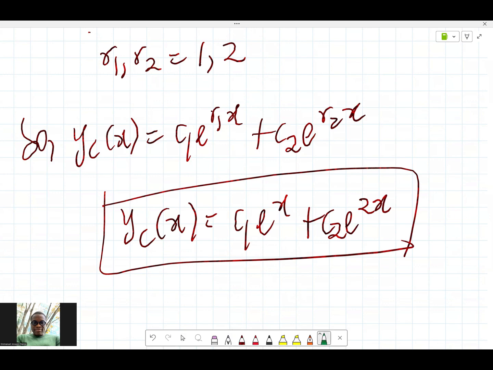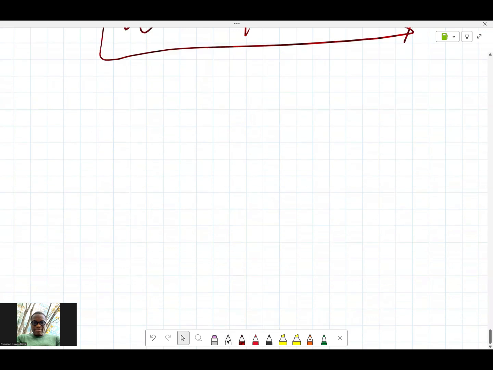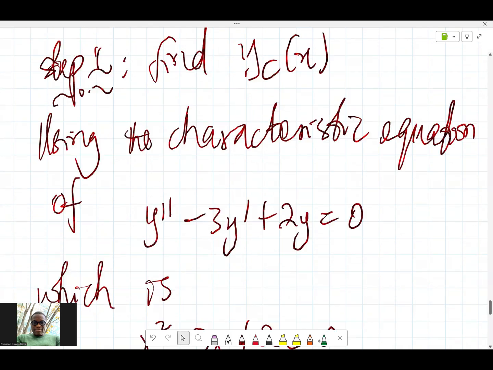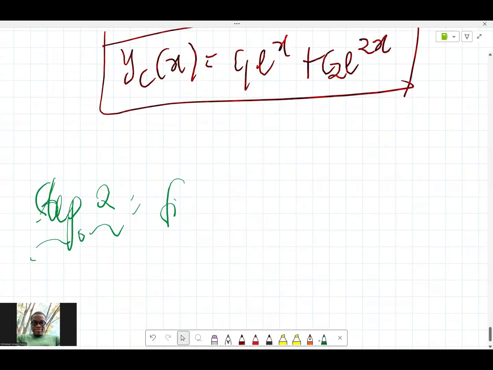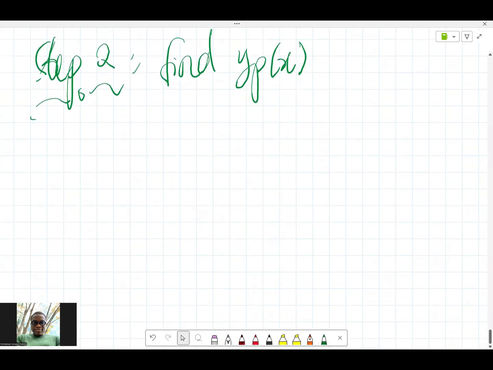So with this in place, we go for the second step. So in step 2 now, we want to find yp of x. Now this one has several steps.